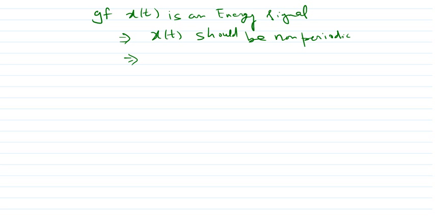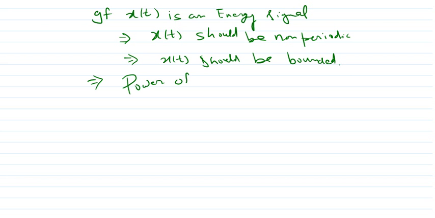Second, x(t) should be bounded. So these are the two properties. And what is the power of an energy signal? The power of an energy signal is equal to 0. So this is a very important property.